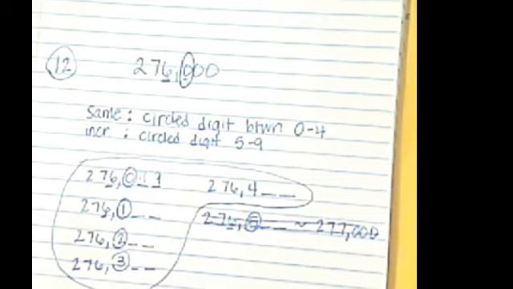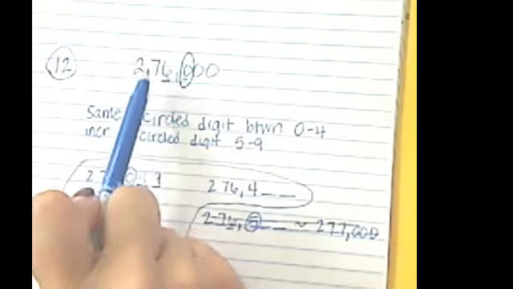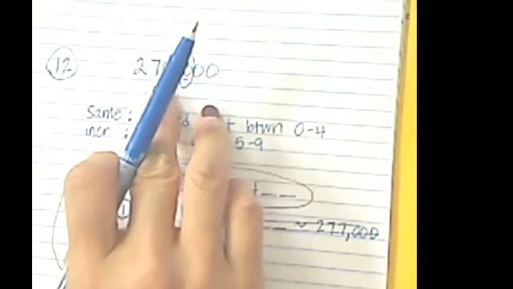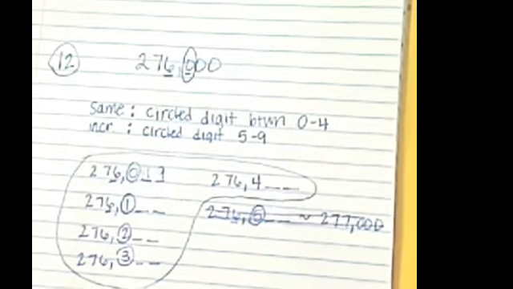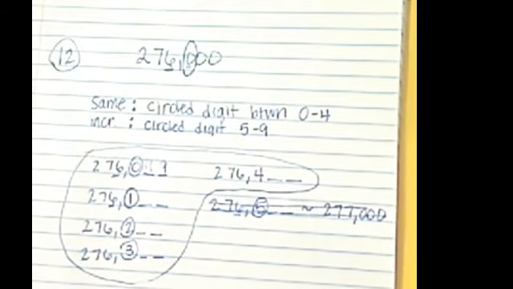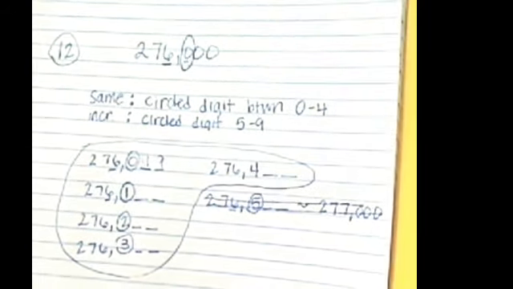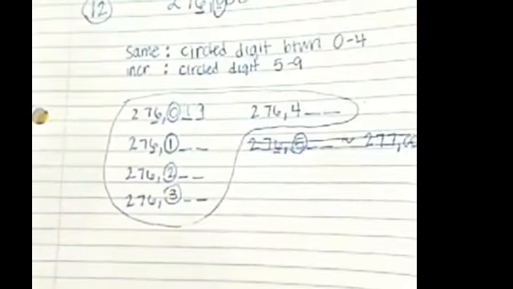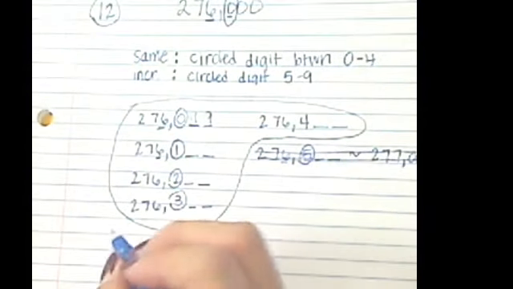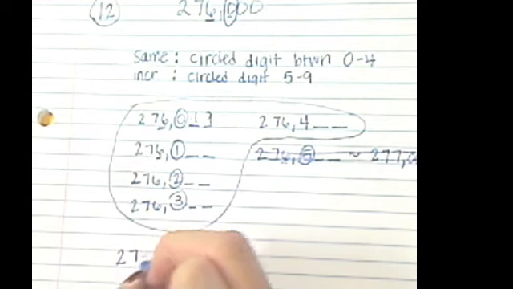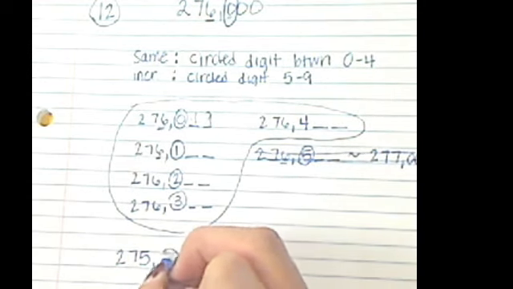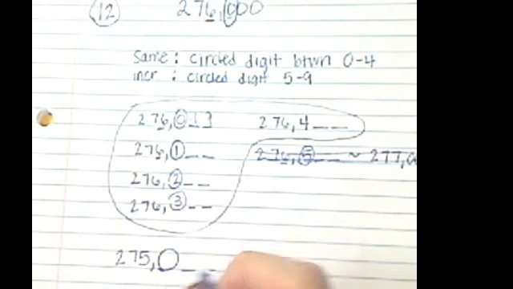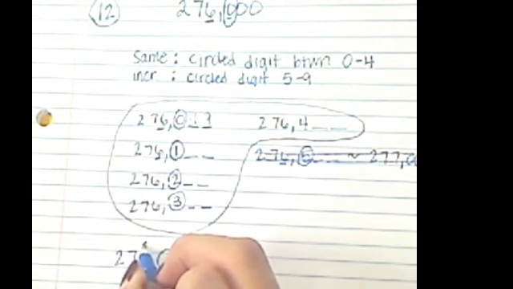But there's more, because if you think of this as the answer, she could have increased this digit to 6. From what to 6? She could have increased it from 5 to 6. Well, in what situations? Let's look at 275,000. What digit would need to be here in order for this to go up to 6?